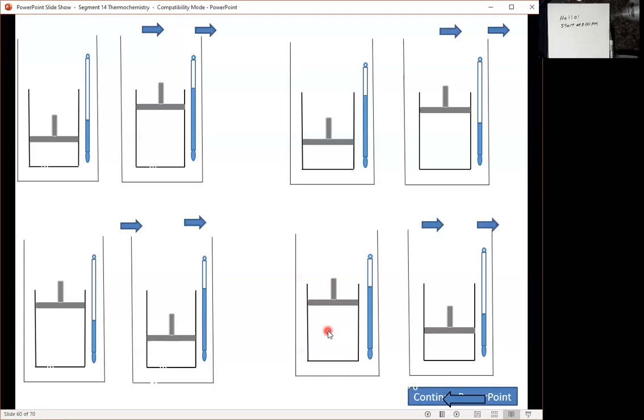And looking at this one and going to this volume, I can see the atmosphere had to push down on and do work on, put work energy into the system. Going into the system is positive. So these are the 4 possibilities that you could come up with for heat and work.